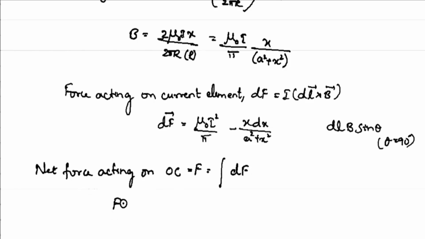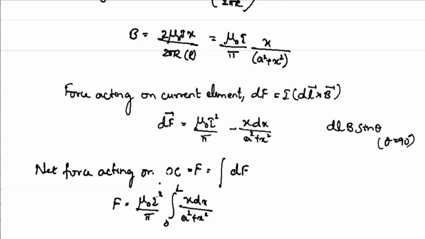So substituting the value of dF here, mu naught I square by pi is constant, so we shall write it outside: mu naught I square divided by pi into integral of 0 to L, it runs from 0 to L, x dx divided by a square plus x square.